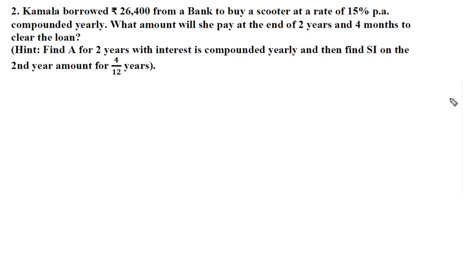So for this we have to write what are the data given. So here principal P is given 26,400. Then you have R, rate of interest is equal to 15%. Then you have time is equal to 2 year and 4 month.